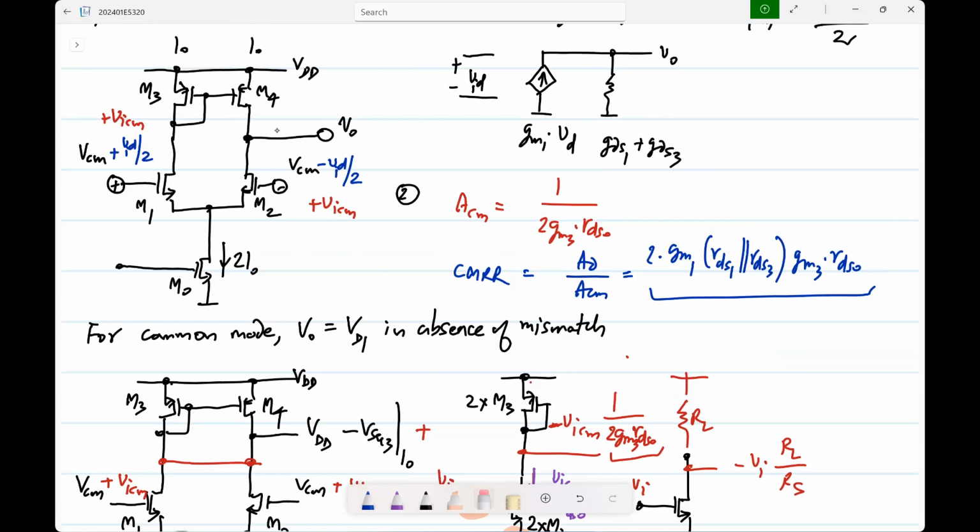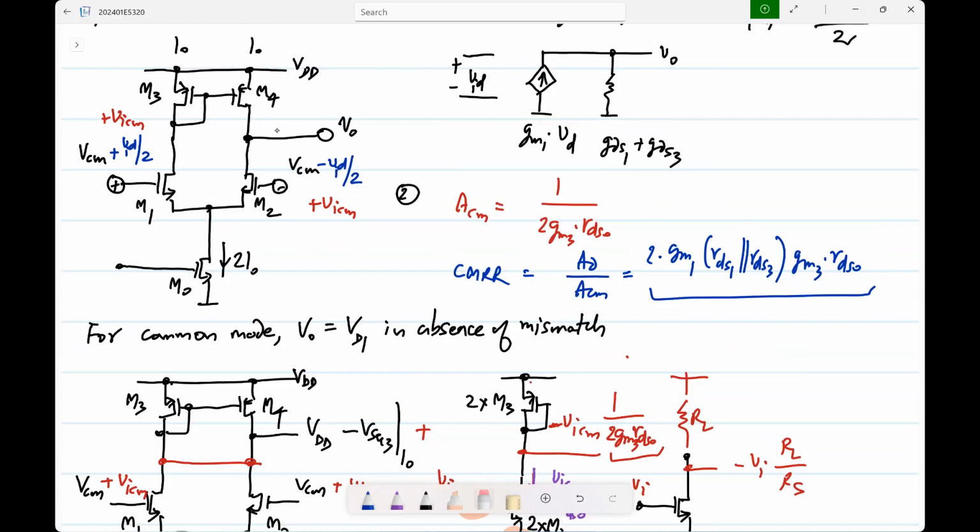The current source has to become better. If the tail current source is ideal, then the common mode gain will be 0. The common mode gain is coming only because as this voltage changes, both of them change together, and the source voltage also changes. When the source voltage changes, if the current doesn't change, then nothing happens. The top part of the circuit doesn't see it at all.